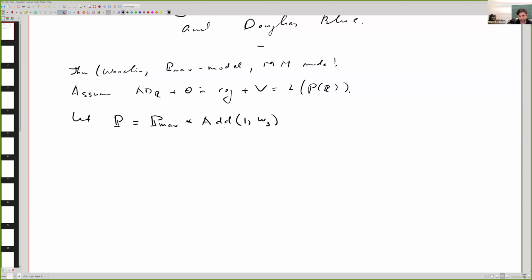I noticed that a lot of people write it as Add(omega 3, 1). It's the same as Add(1, omega 3). Okay, so let P be this and G be generic.